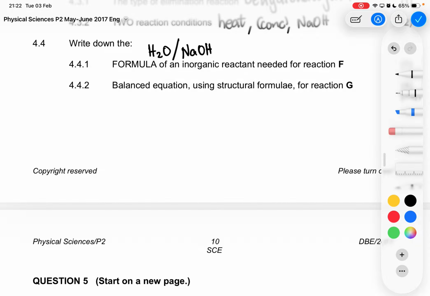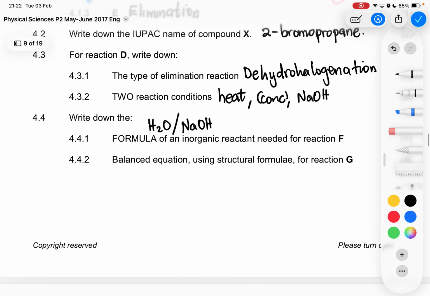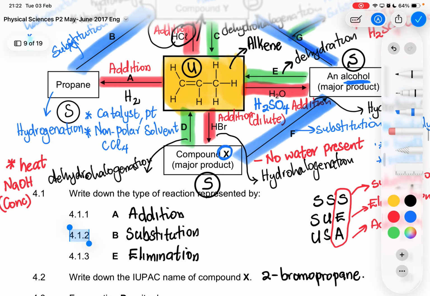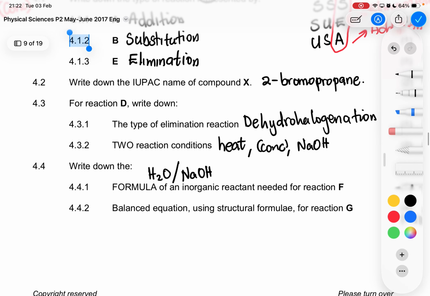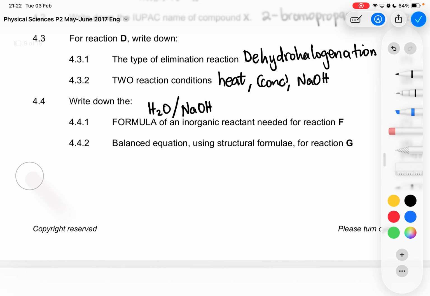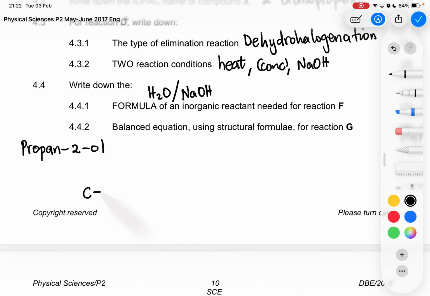Like I said, some of the things you'll find on the YouTube channel. So compound G, we're starting with an alcohol. This alcohol comes from a major product, so it's also a major product. You remember we said this is 2-bromopropane, so the alcohol is going to be propane-2-ol, to match up with the major product of compound X.